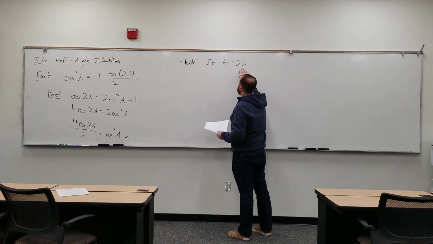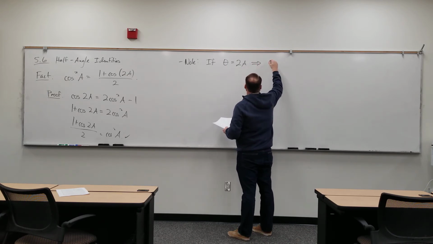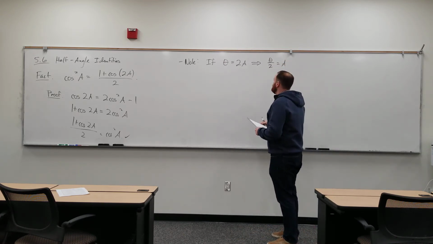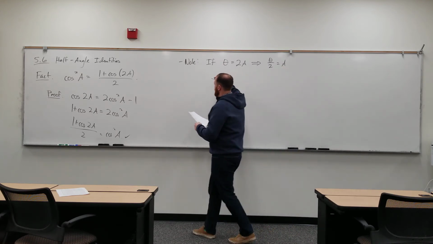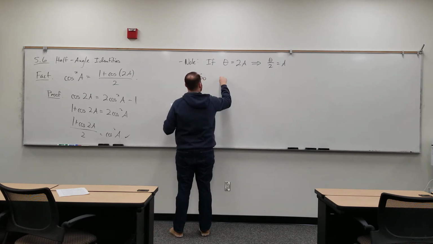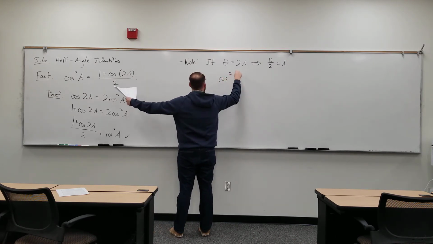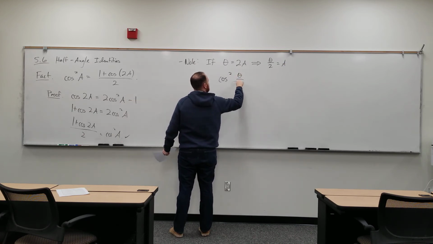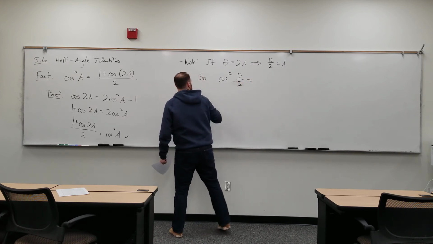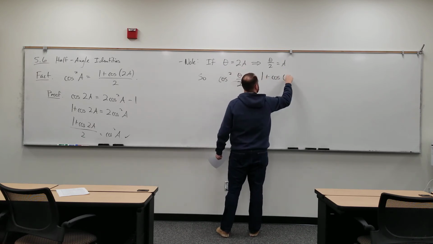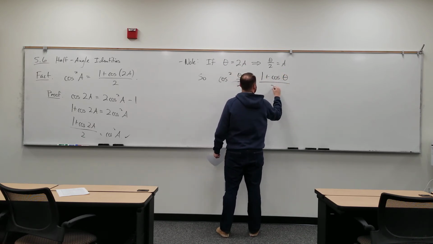If theta is 2A, then theta over 2 is A. If we make those replacements, then we get cosine squared of theta over 2 equals (1 plus cosine theta) divided by 2.